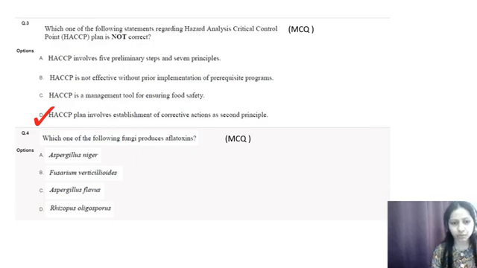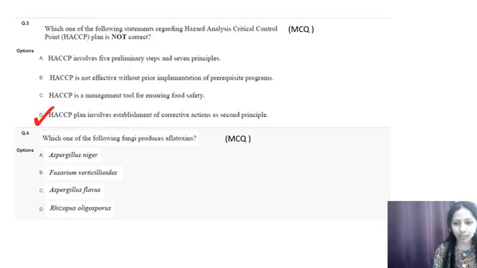Then question number 4. Which one of the following fungi produces aflatoxins? So options are Aspergillus niger. Aspergillus niger is a type of fungus which produces the mycotoxin ochratoxin A. Next, Fusarium verticillioides. Fusarium verticillioides produces Fumonisin B1, that is FB1.